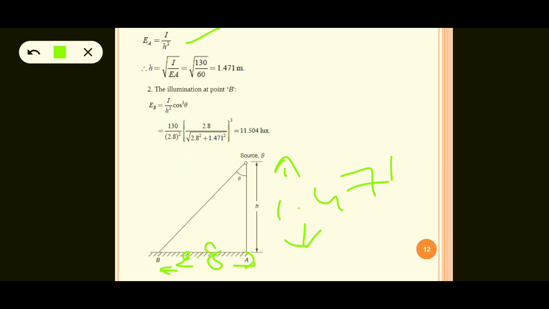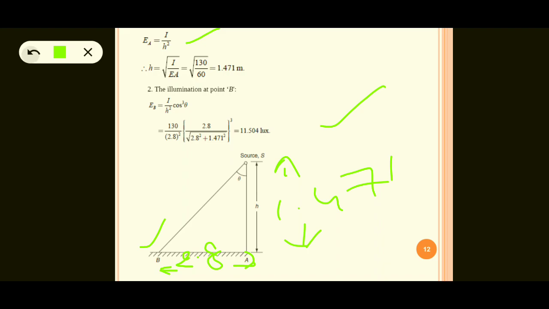So cos theta equals H by under root 2.8 whole square plus 1.471 whole square. So finally we got 11.504 lux. So the illumination at point B equals 11.504 lux.